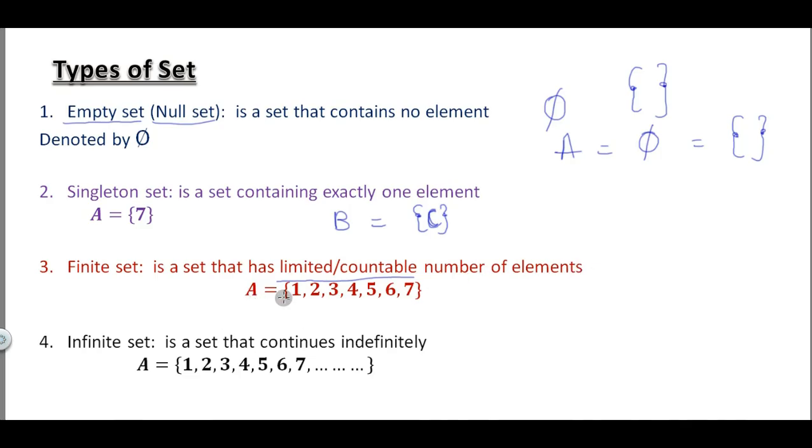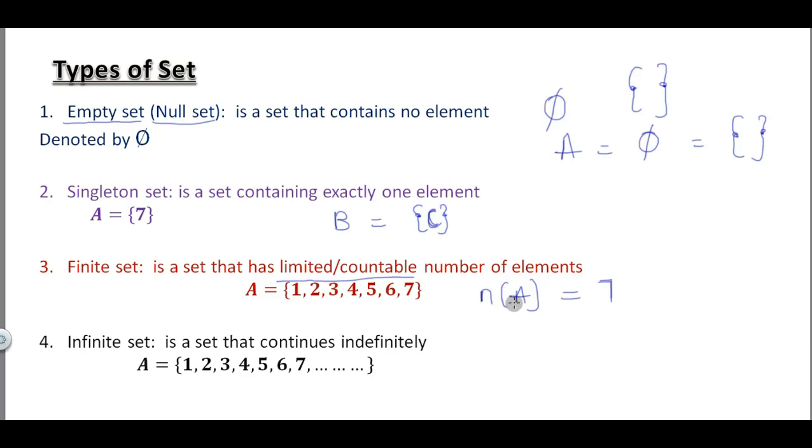For example, set A is equal to the set of 1, 2, 3, 4, 5, 6, 7. You can see that the elements here can be counted: 1, 2, 3, 4, 5, 6, 7. There are 7 elements here. So the number of elements in set A is equal to 7, in case you're asked to find the number of elements in set A.